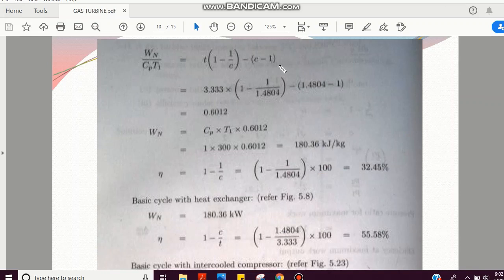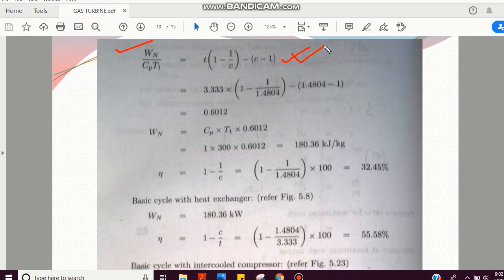Now for the basic cycle, that means the simple Brayton cycle, the specific work output is Wn by Cp into T1, which equals small t into 1 minus 1 by c, minus c minus 1. We have already learned this is the expression for specific work output in case of the basic Brayton or simple gas turbine cycle.